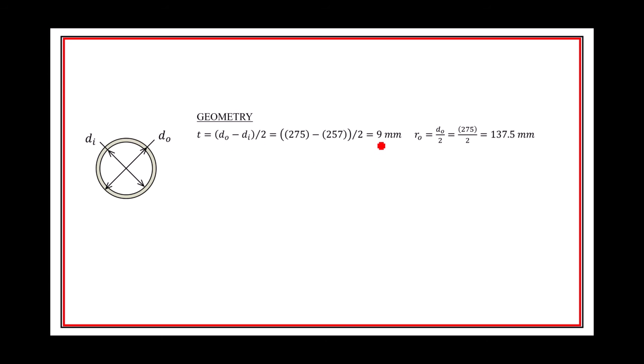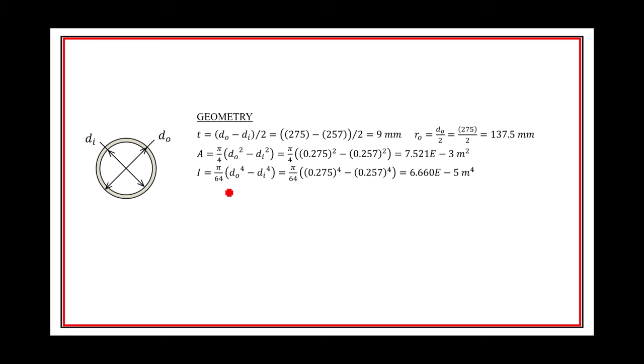And then we find out that it's 9 millimeters. And I'm going to want to know the radius of the outside, so I went ahead and found it. To get the area, remember, you take pi over 4 times the outside diameter squared minus the inside diameter squared. And so here we get the area in meters squared. Here is the moment of inertia.